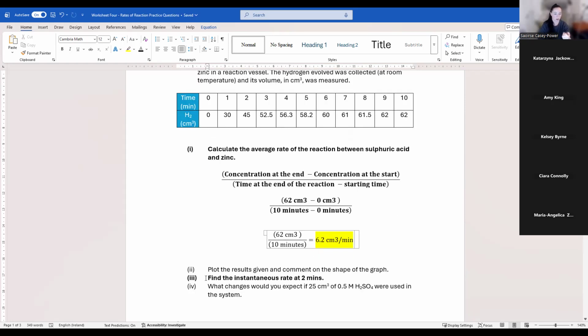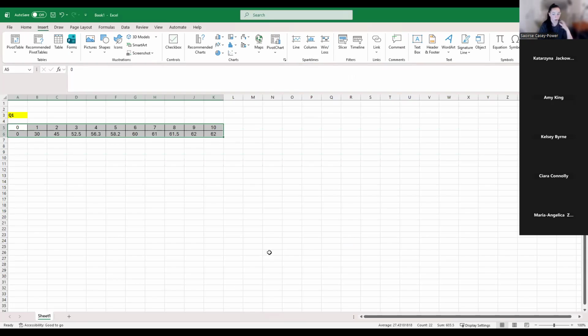The next question asked us to plot the results given and comment on the shape of the graph. So I'm going to go over to Excel, again not ideal, just so you can see how we plot it. I'll do a couple of these out on the board in our revision classes. I just copy and pasted this data over.